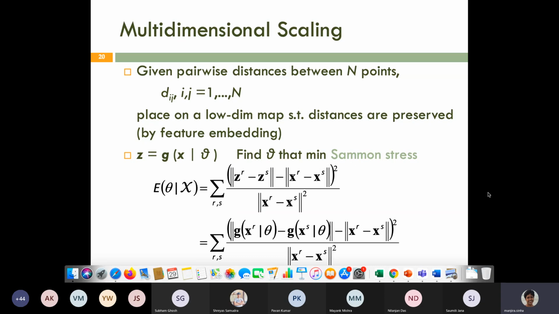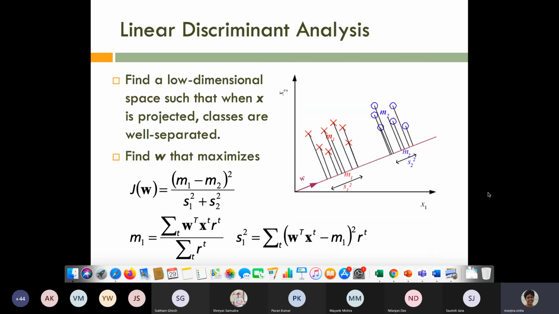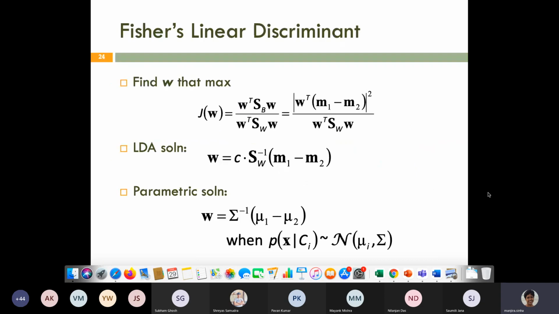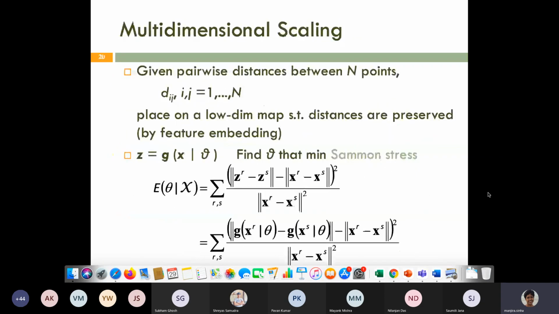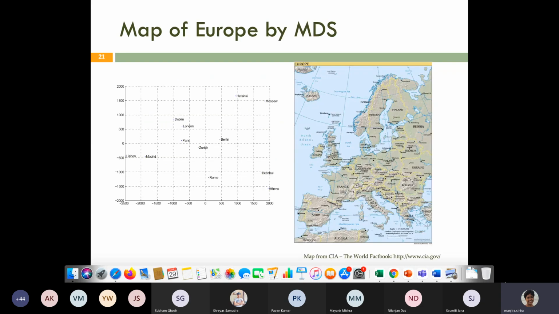I will stop the dimensionality reduction with this last method. I will not go into linear discriminant analysis. This last method is multidimensional scaling, because you will be hearing about it quite often. Now let me start with an example of multidimensional scaling. I will not go into the mathematical details of it.